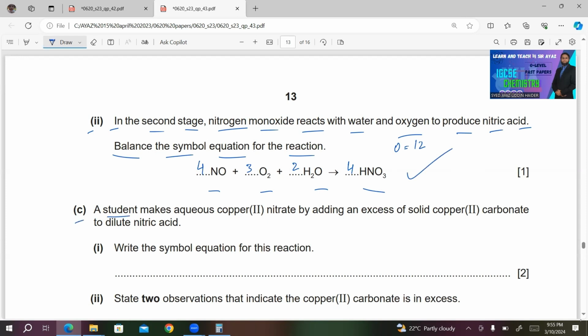C. A student makes aqueous copper 2 nitrate by adding an excess of solid copper 2 carbonate to dilute nitric acid. Number 1, write the symbol equation for this reaction. You have CuCO3 and it is added to dilute nitric acid. So we have HNO3 for nitric acid.